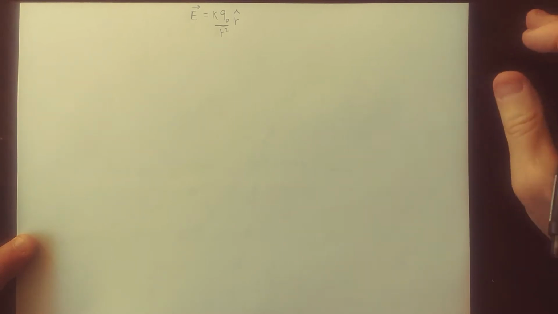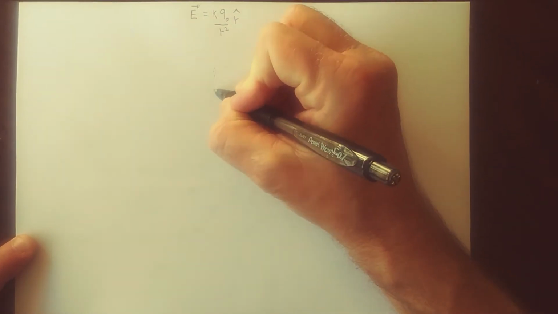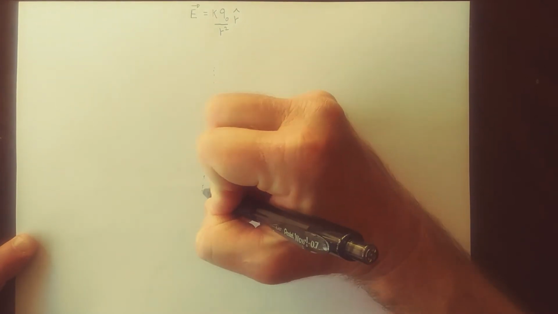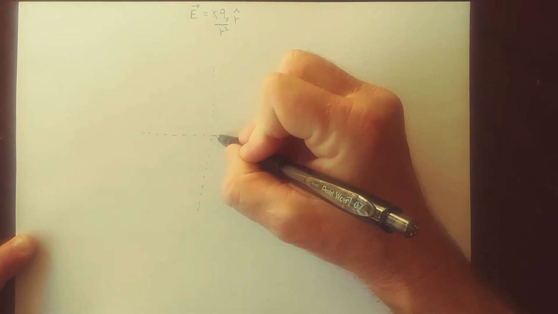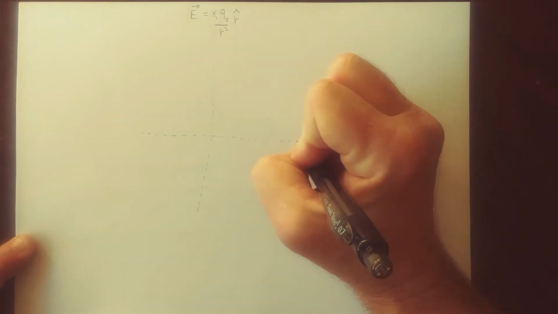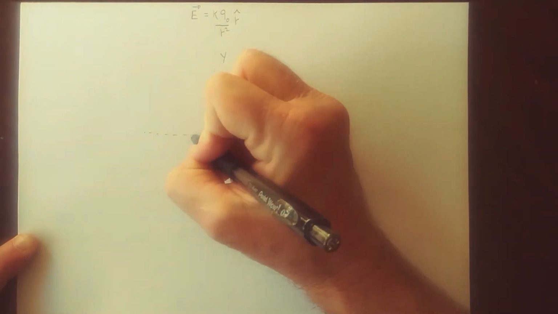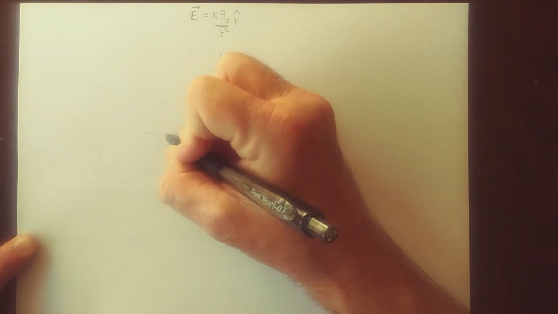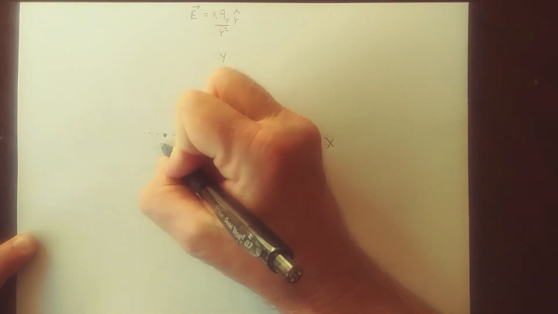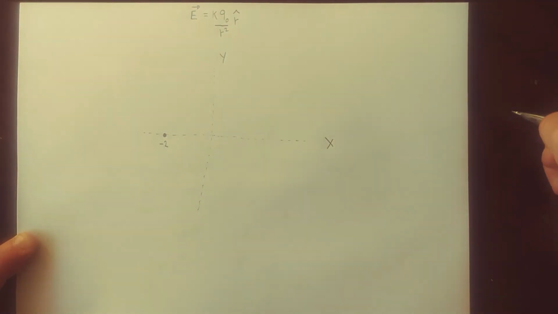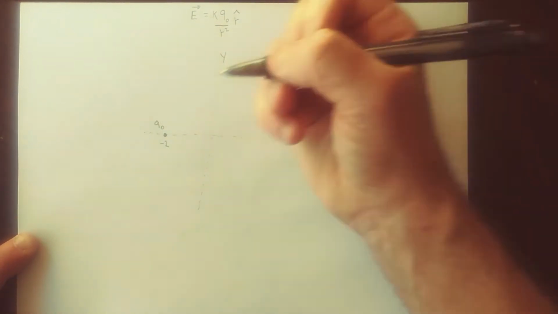And let's put this charged particle at some location in the xy plane such that it lends itself to some intuition. So here's x and here's y, and let's put it at x equals minus 2, y equals 0. So there's the particle of charge q naught.